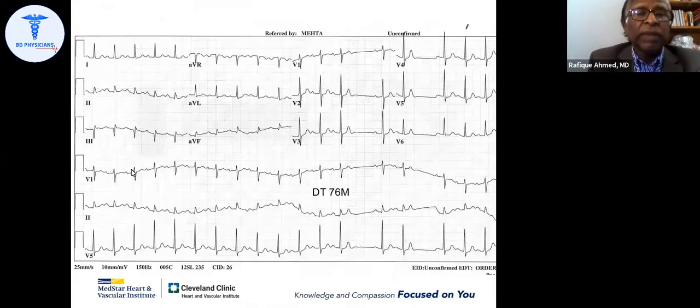So this is another rhythm that is tricky. In this one, you can see that there is a faster rate, and then it stops, and then it is faster again. And the morphology of the P wave, the slow one and the fast one, is the same. And I thought this was sinus node re-entrant tachycardia. Unfortunately, there is no way of proving or disproving it. The only way I can tell that this is possibly sinus node re-entry is that the morphology of the P wave was exactly like the sinus P wave: biphasic in V1, upright in 2, 3, aVF and lead 1, and it was starting and suddenly stopping.